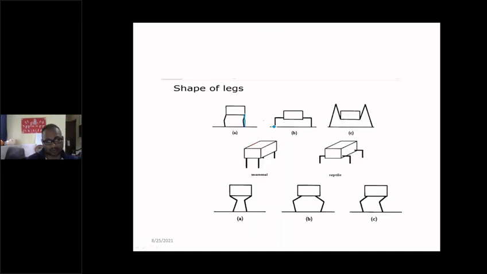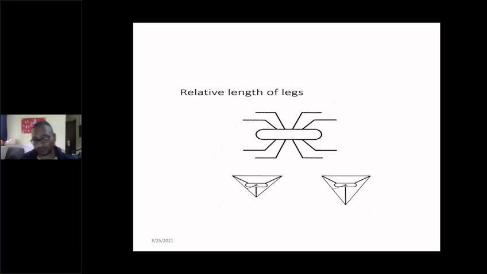All shapes of legs are not equal. There are basically 3 categories of legs: one is inward direction incline, another is outward direction legs, and one is inclined on one side. The length is also important. In human beings both leg lengths are generally equal, but in some animals we have different legs.